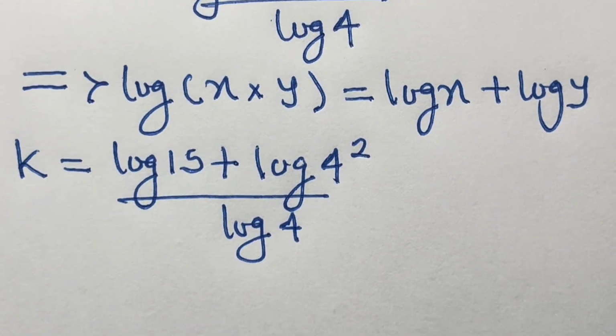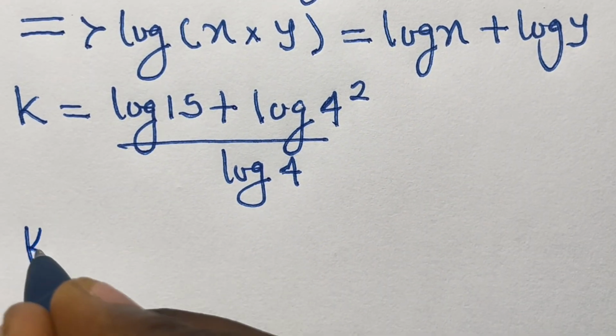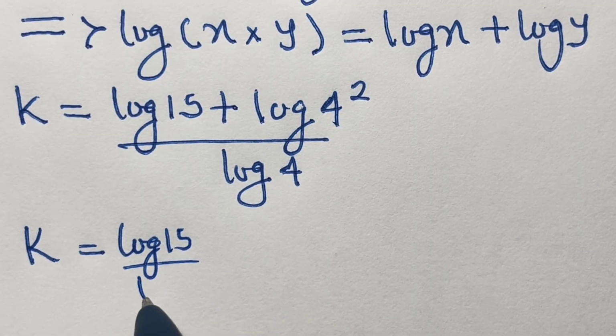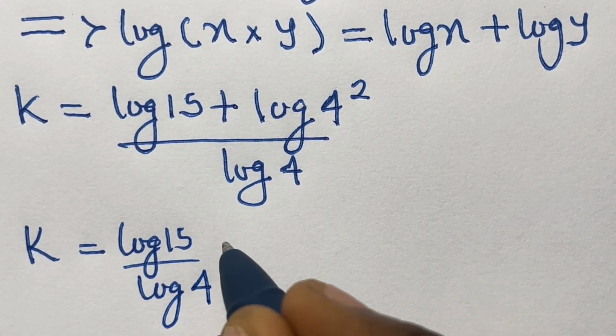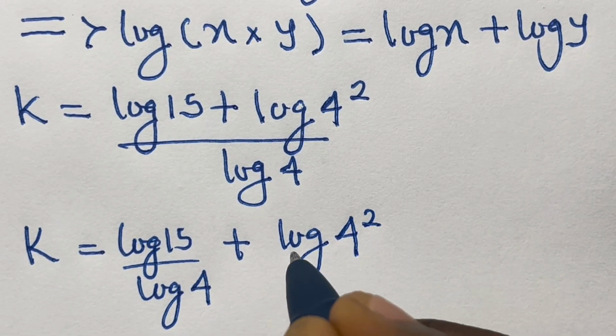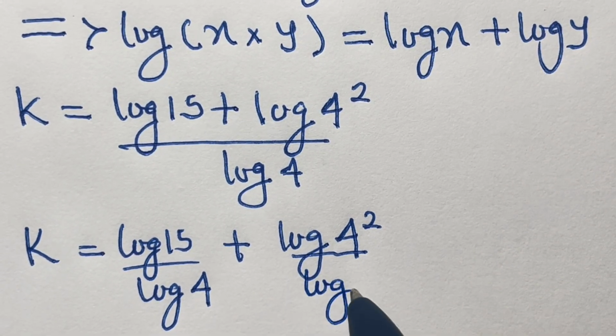Which implies that k equals log 15 divided by log 4 plus log 4 raised to power 2 divided by log 4.